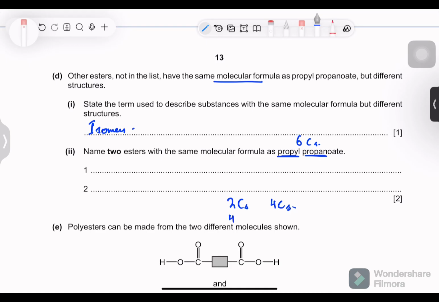And if we use an alcohol having four carbons and an acid having two carbons, then again we can fulfill the requirement. So the two carbon alcohol will be ethyl and the four carbon acid will be butanoate, and the four carbon alcohol again will be butyl from butanol, and the acid will be ethanoate.